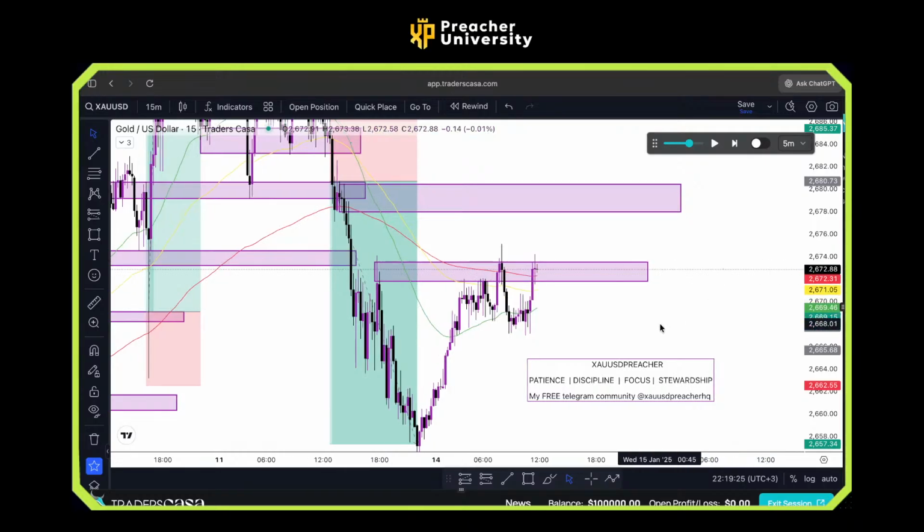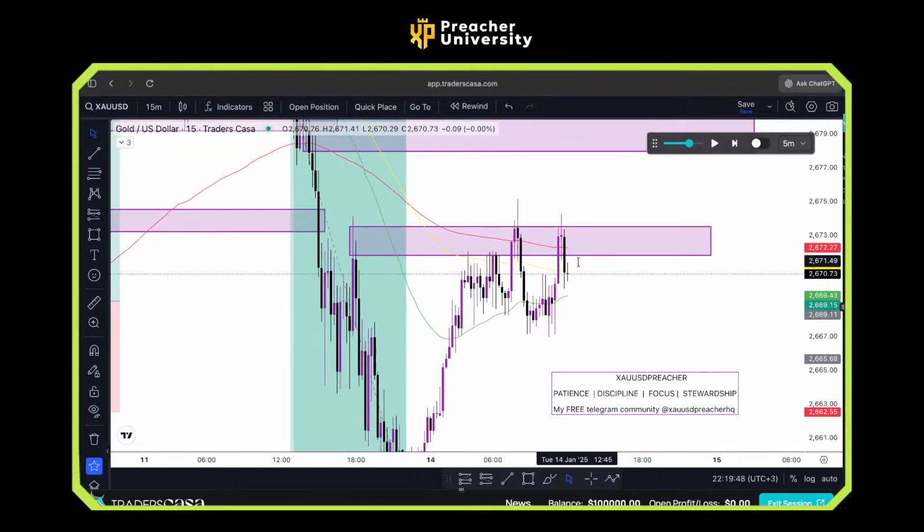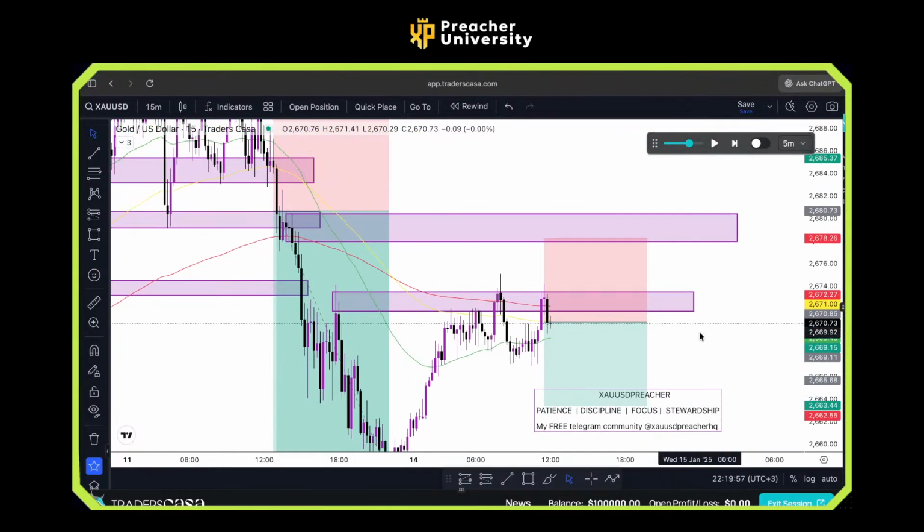For me to get into a trade in any resistance or support zone, I need to at least see the next candle being in the direction that I want. For example, if I'm selling, I want to see a bearish candle print. Now, this is beautiful. The market came into my resistance zone and gave me this perfect candle that I'm looking for, and I'm very happy for it.